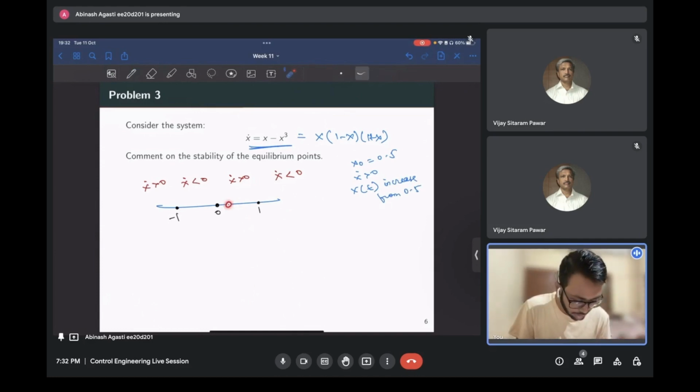Again there also x dot is positive, so it will keep increasing till it hits this point.